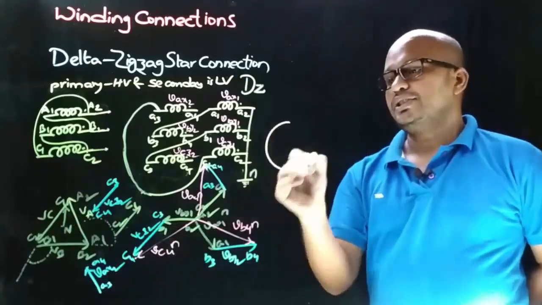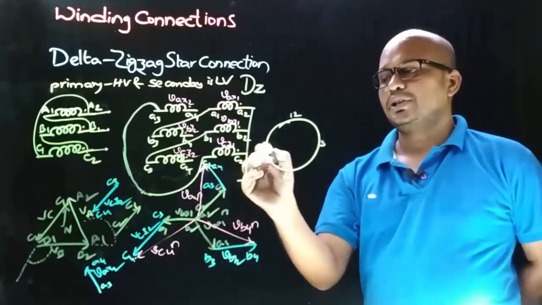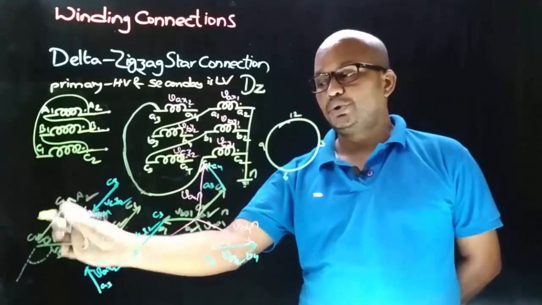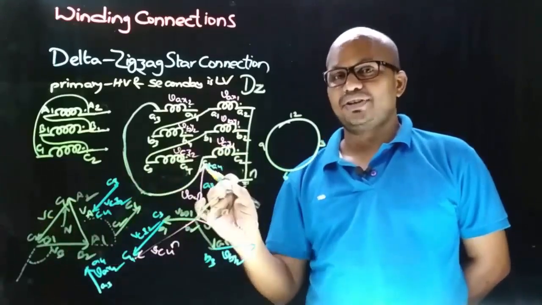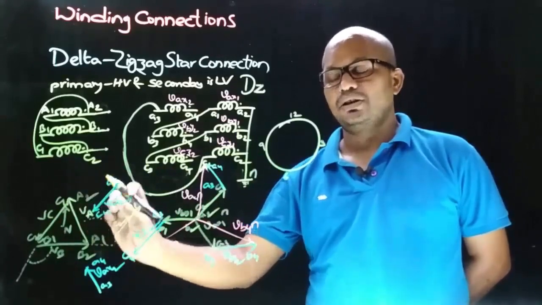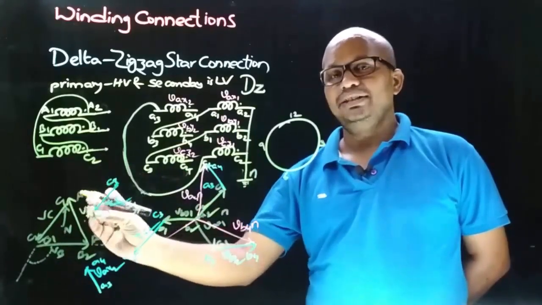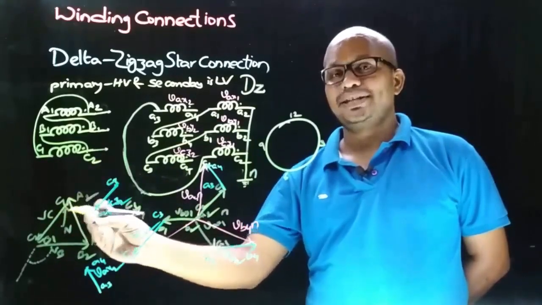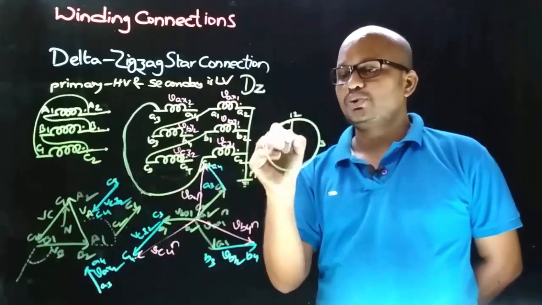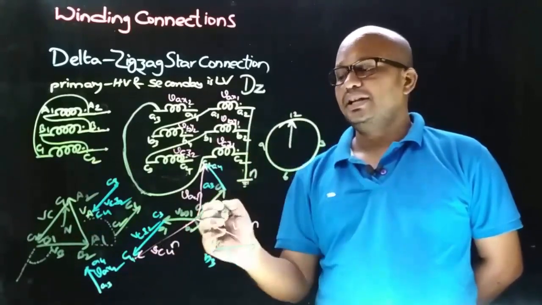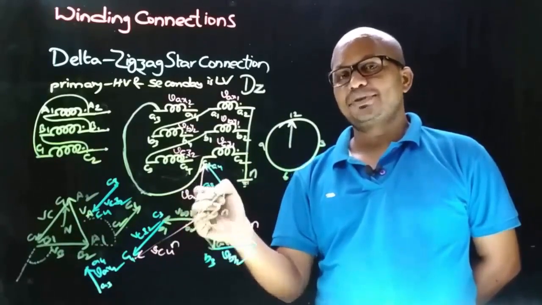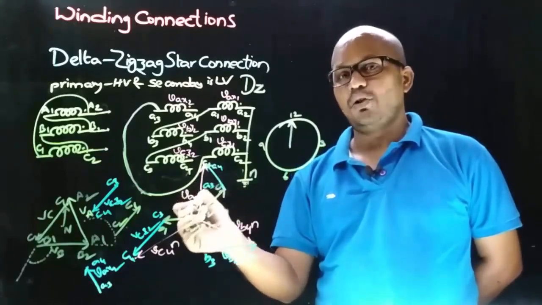If you consider this as the clock, let these be the numericals on the clock. In vector groups, the HV side phase to neutral voltage is always taken as reference, and that is indicated with the minutes needle in clock. And as the HV winding phase to neutral voltage is taken as reference, the minutes needle is always shown pointing towards 12. And in vector groups, the LV winding phase neutral voltage is represented with the hours needle in clock.